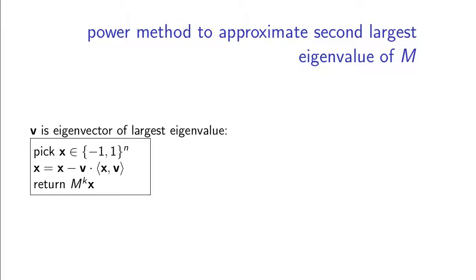First, recall that the way the power method approximates the second largest eigenvalue of a given positive semi-definite matrix is simply to pick a random vector with plus-minus 1 entries, then shift it so that it becomes orthogonal to a known eigenvector of the largest eigenvalue, and then multiply x by a sufficiently large power of the matrix M. Here, for k, it's sufficient to be 1 over epsilon times log n over epsilon, where epsilon is the additive error that we allow.